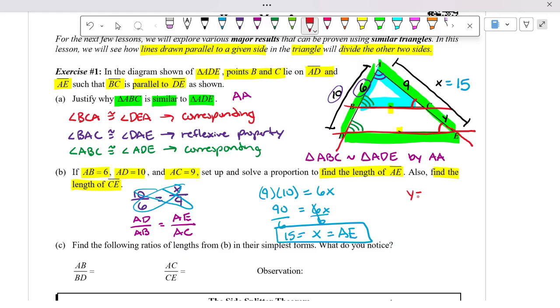So Y is going to be equal to 15 minus 9 because it's the other little piece, which is what? 6. So CE is equal to 6. Does everyone understand how you set up the proportion to find a missing side?